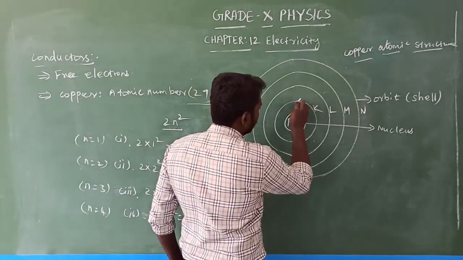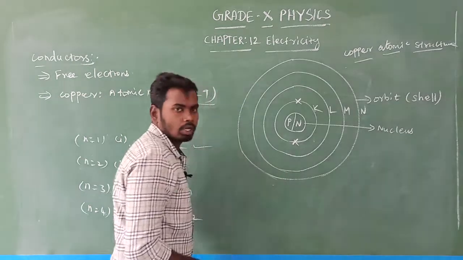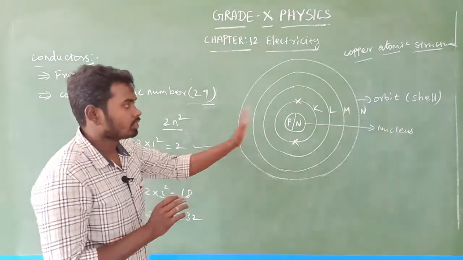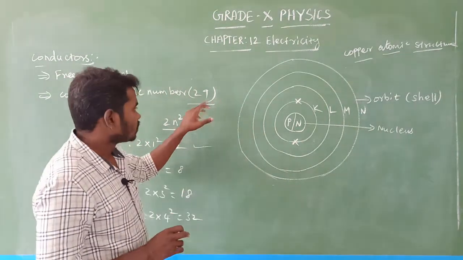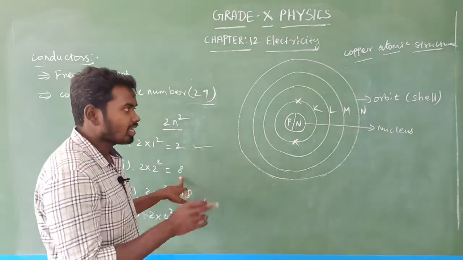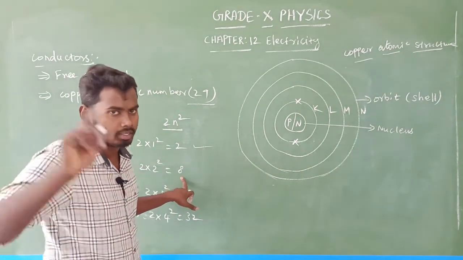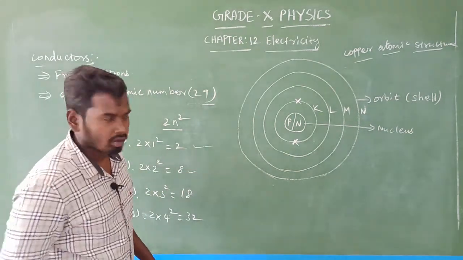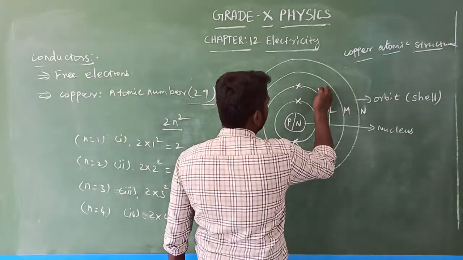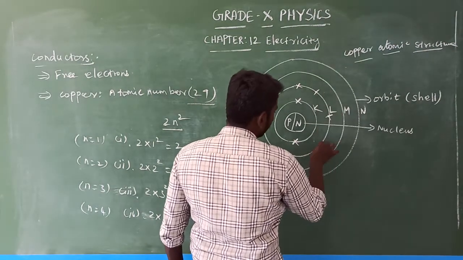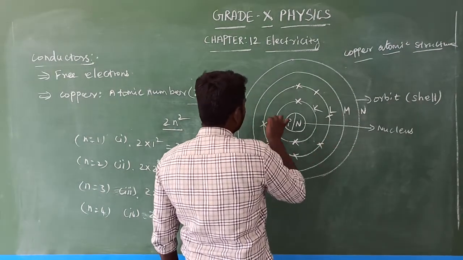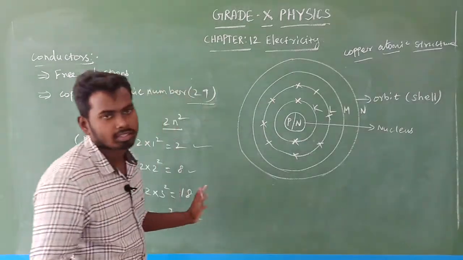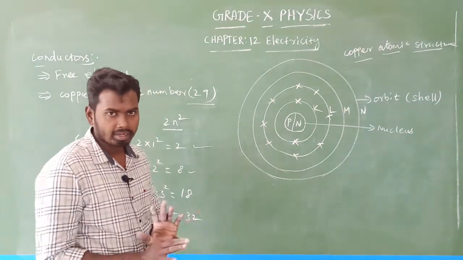So remaining, in the second cell, how many electrons are to be filled? Maximum 8 only. So 1, 2, 3, 4, 5, 6, 7, 8. 8 electrons filled.